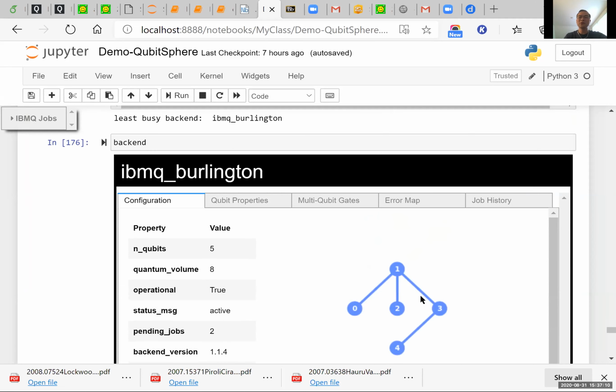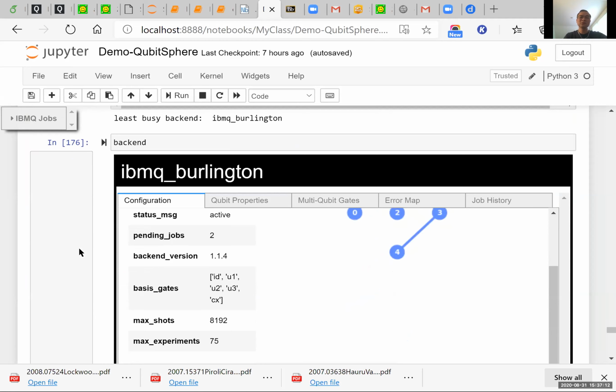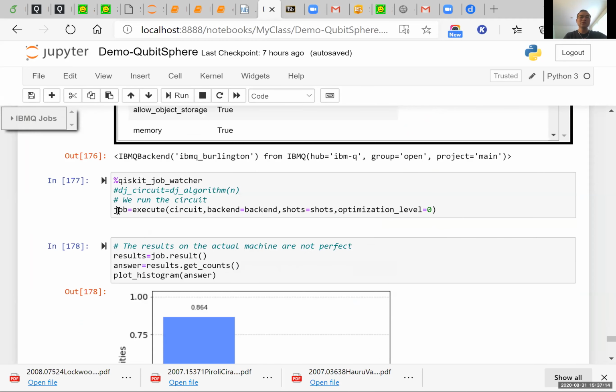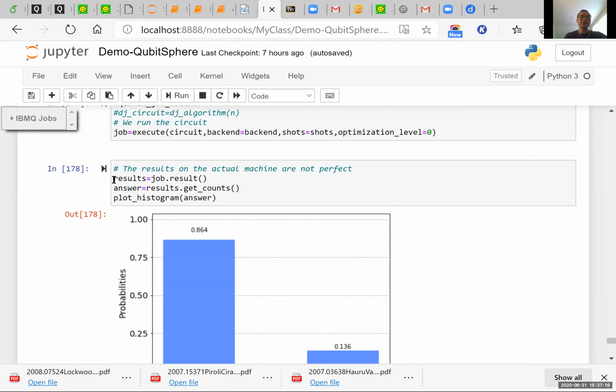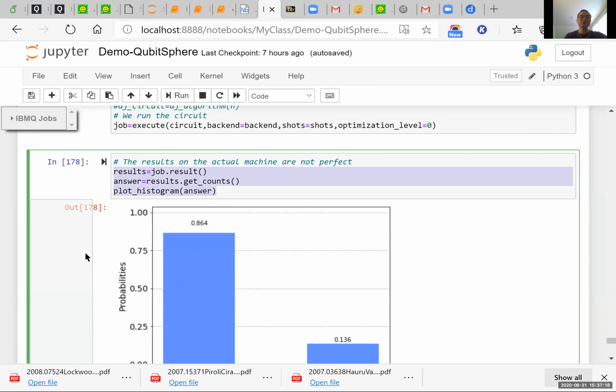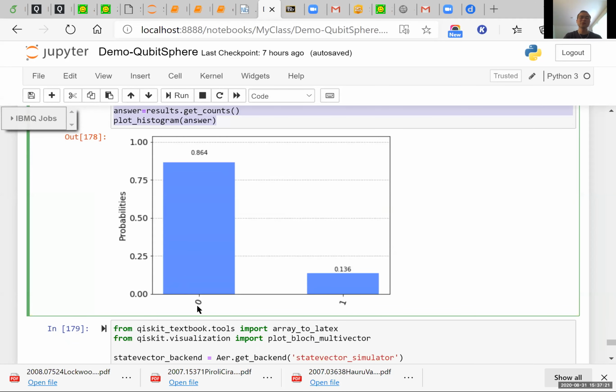It's called Berstein. If I run that, this is what you see on the actual quantum computer. It's supposed to be 100% 0, but it has some 13%, 14% of 1. So this means that the quantum computer is really noisy, and you don't always get the right answer.